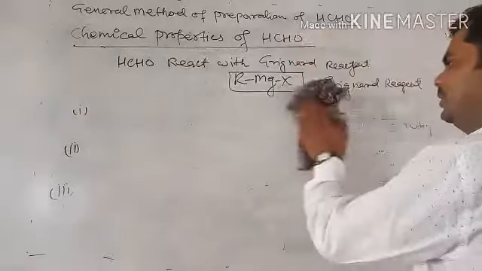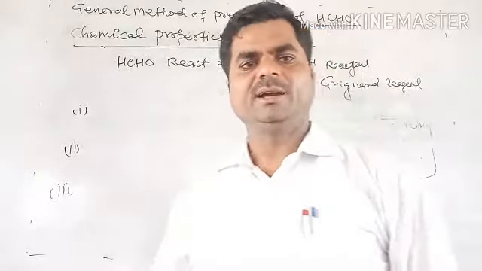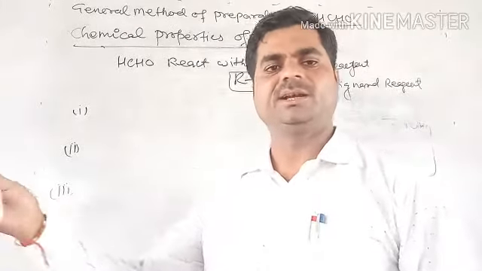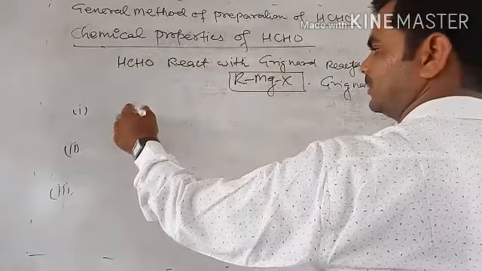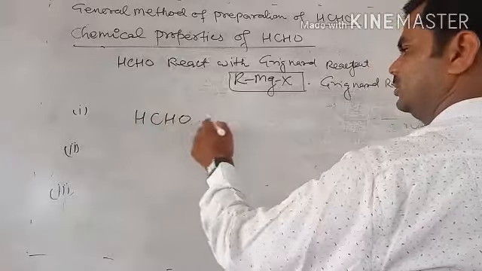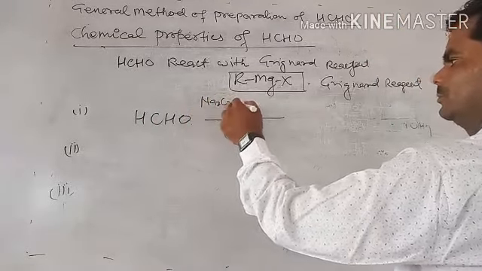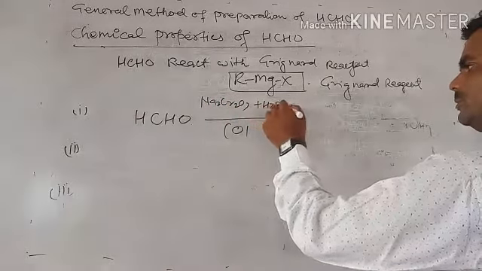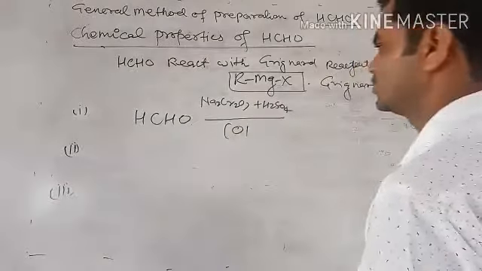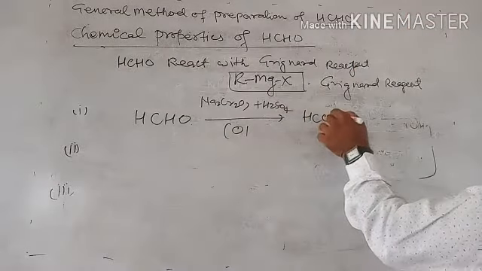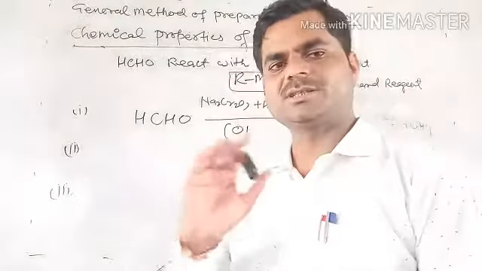Oxidation of formaldehyde. Always, mind it, alcohol oxidizes into aldehyde and aldehyde oxidizes into carboxylic acid. Just like this formaldehyde, HCHO, the oxidation of formaldehyde in the presence of Na2Cr2O7 plus H2SO4, sodium dichromate, oxidizes formaldehyde into formic acid, HCOOH.